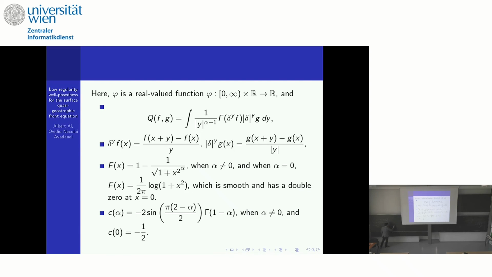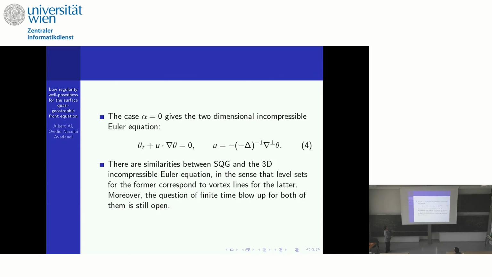The only solution is to distribute them evenly. So basically 1 plus alpha over 2 derivatives on each of these 2 factors. And this is at the level of BMO or L infinity. By Sobolev embedding, if we go to the level of L2 based Sobolev spaces, this gives the alpha plus 3 over 2 that I was telling you about.